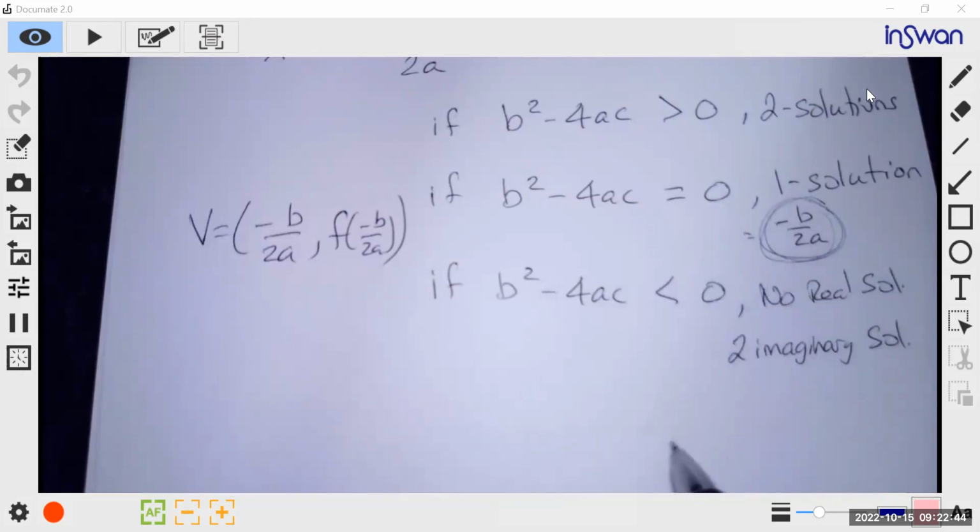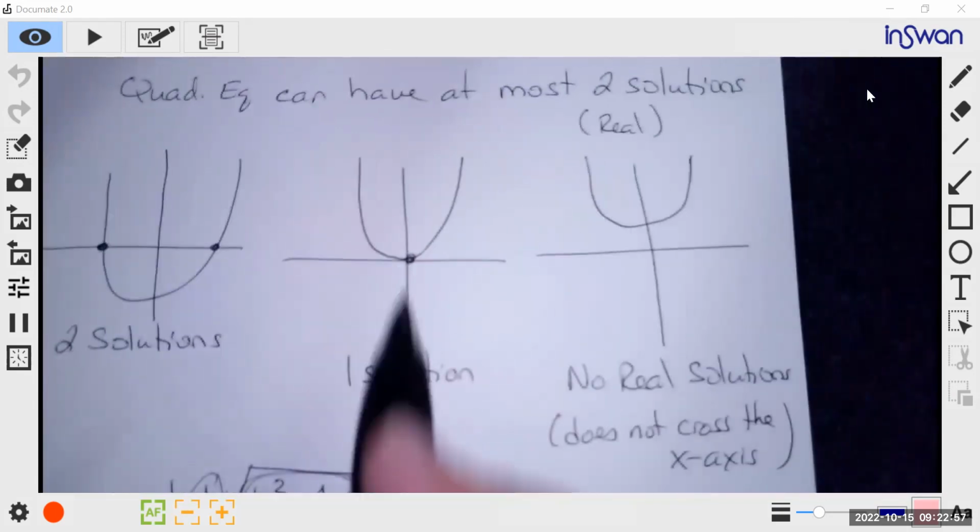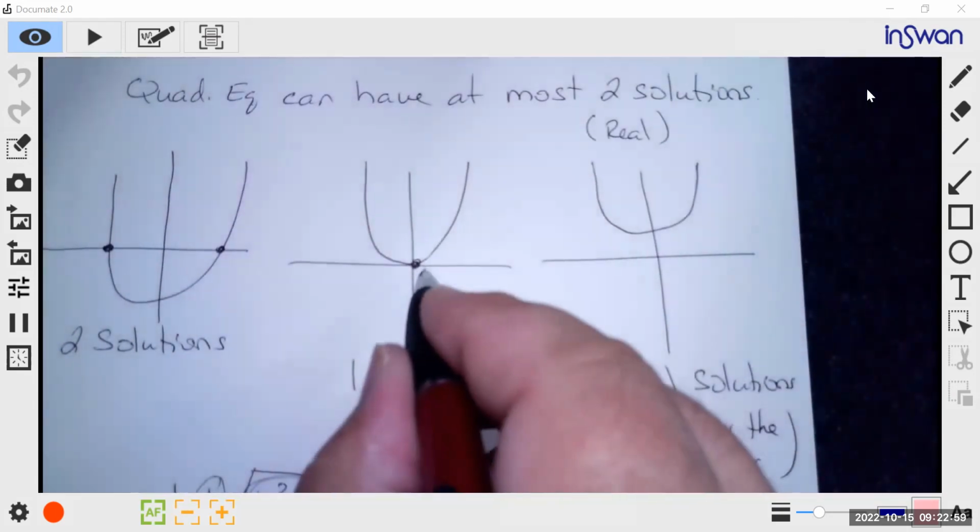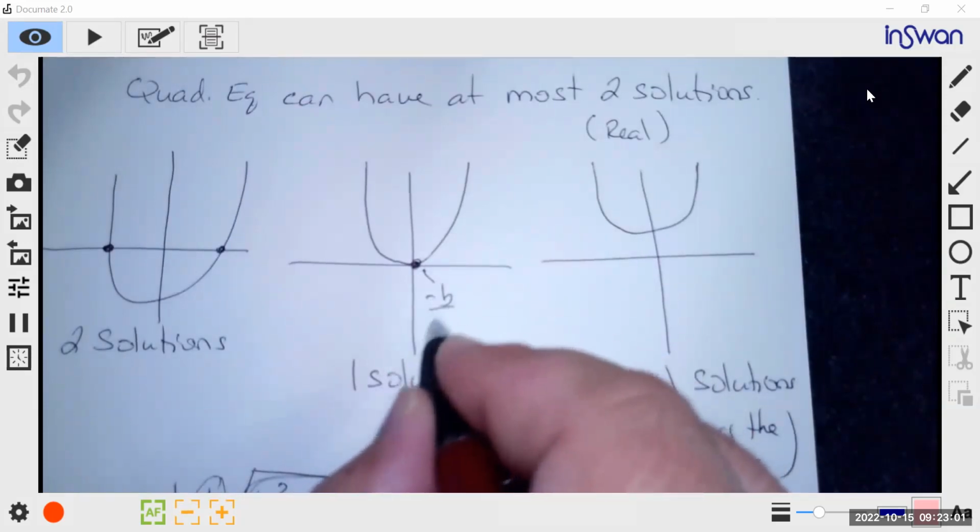That's the x value. In other words, if it's 0, all you're going to have is one point touching the x-axis. And that's going to be the vertex. So that point there is negative b over 2a.